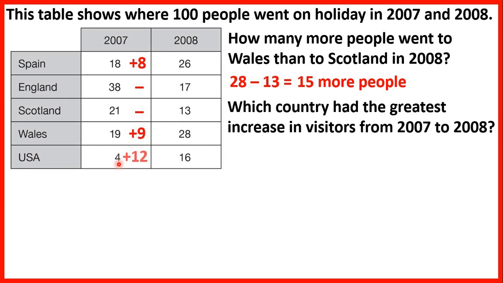And for the USA, we have an increase of 12, because 4 plus 12 is 16. So that means the USA had the greatest increase in visitors from 2007 to 2008, because the number increased by 12.